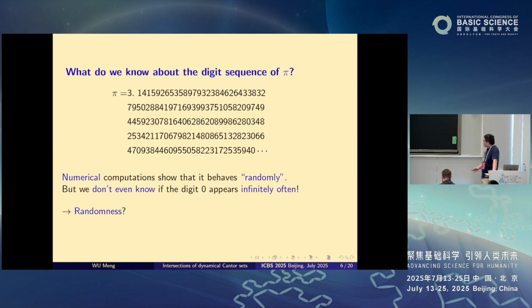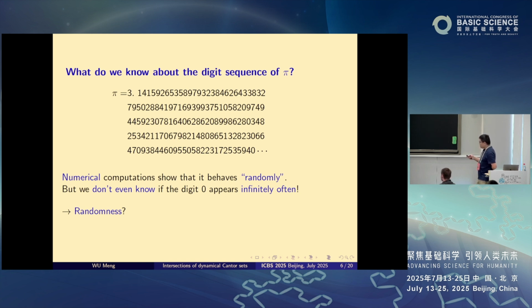Actually, we don't even know if, for example, the digit 0 will appear infinitely often. Of course, because this is an irrational number, at least two digits will appear infinitely often. But we don't know if, for example, 0 and 1 will appear infinitely often.